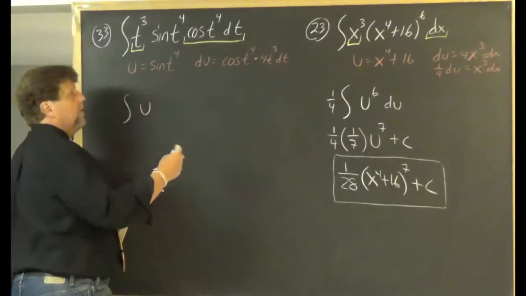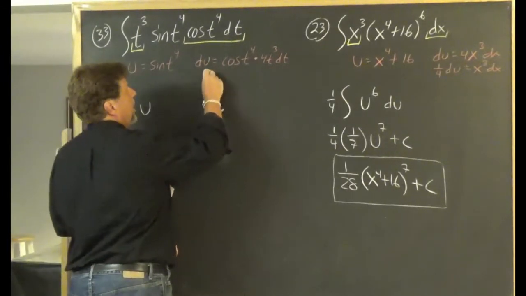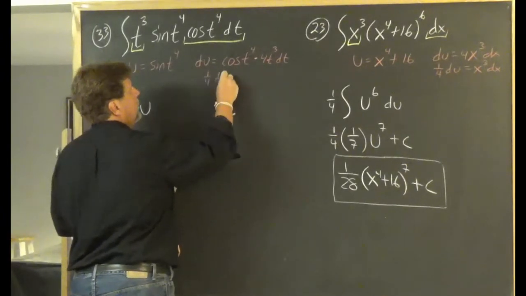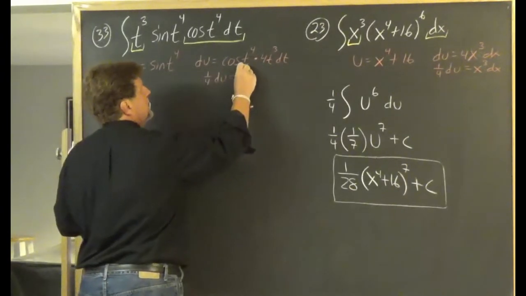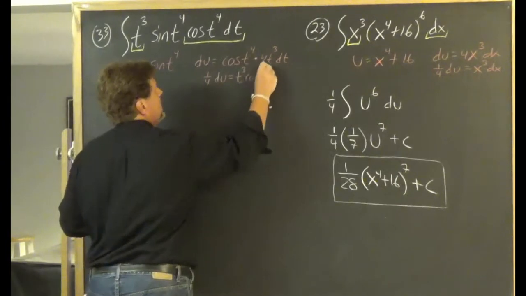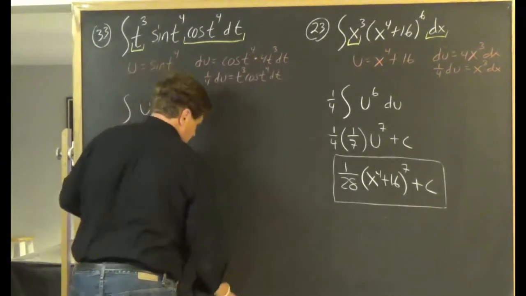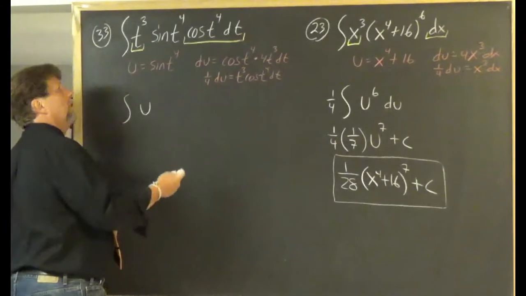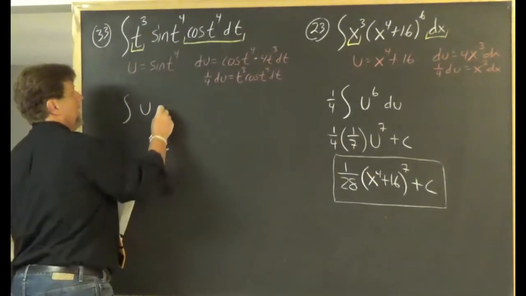Well, notice a 1/4 du is t cubed cosine t to the 4th dt. So I just simply substitute a 1/4 du in for all that mess.